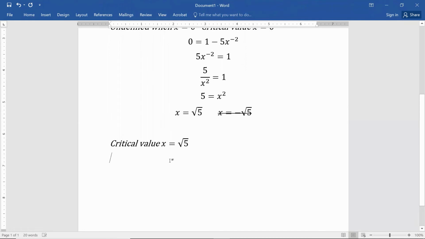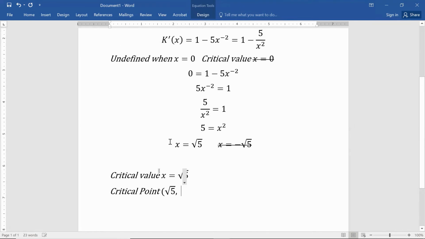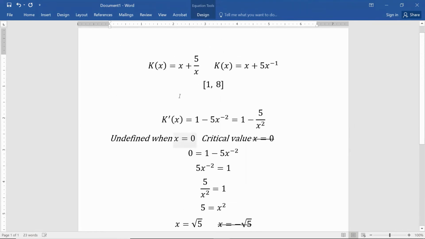Let's go ahead and find the critical point. The critical point is going to have an x value of square root of 5. Its y value is going to be what you get when you plug in square root of 5 into this.